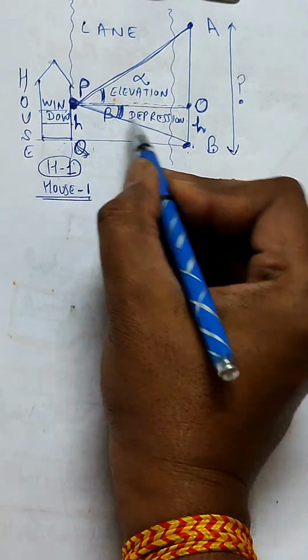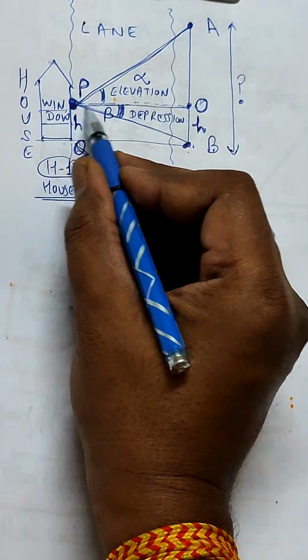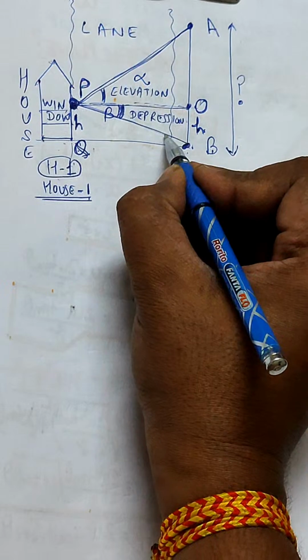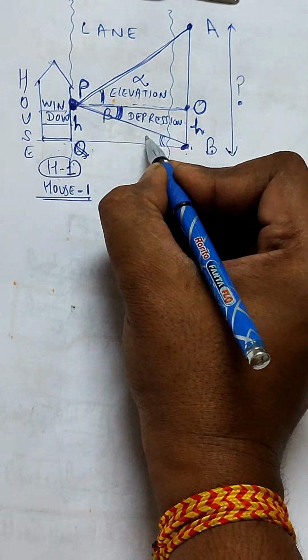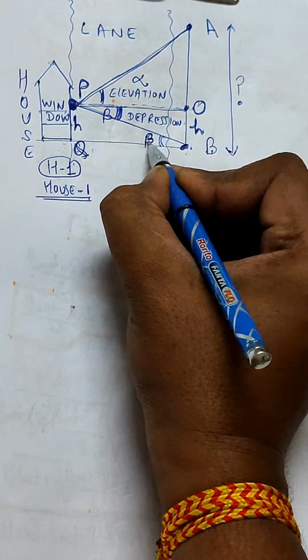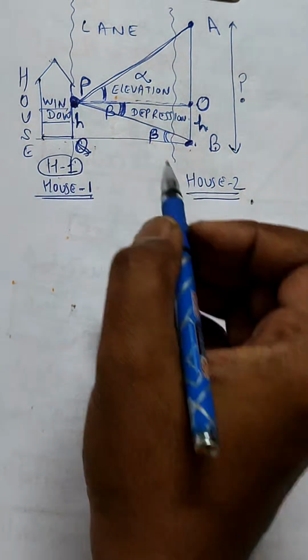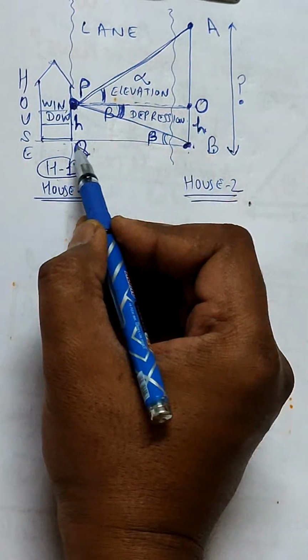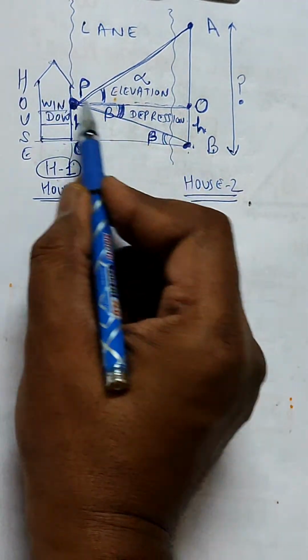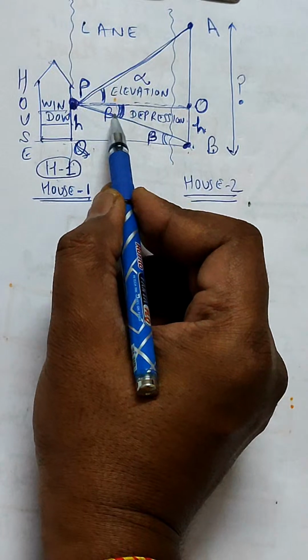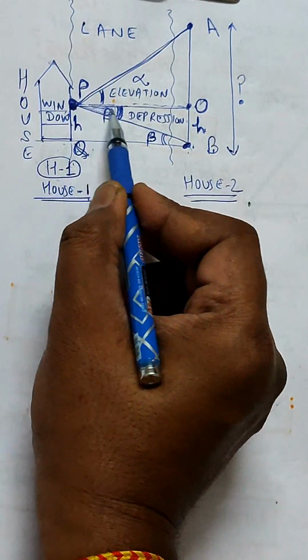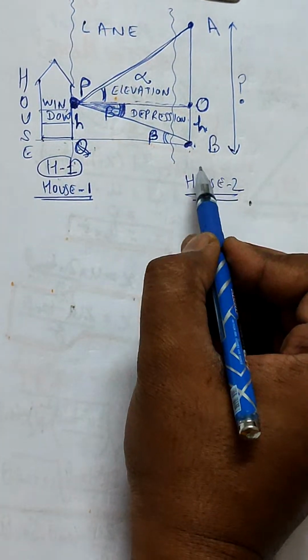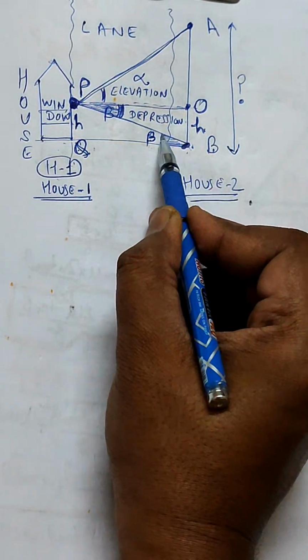If this is the depression, then we can say PO is parallel to QB, so this angle is also equal to beta, because alternate angles are equal. PO is parallel to QB and PB is the transversal. You can see that's why this angle beta is equal to this angle beta, right?